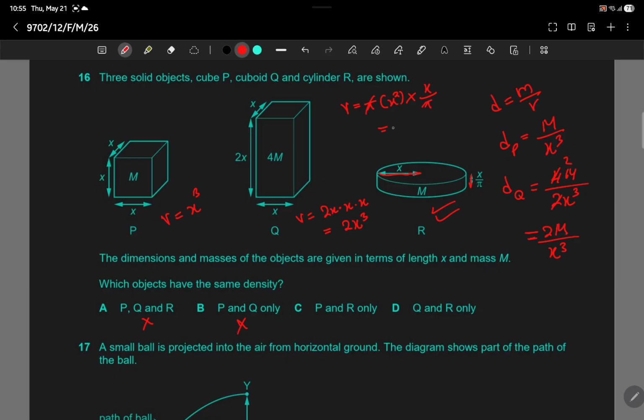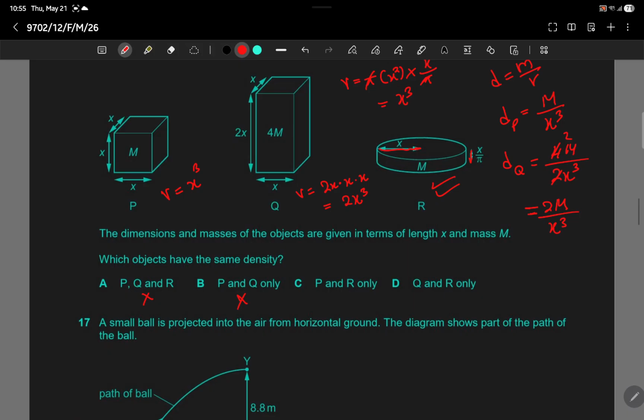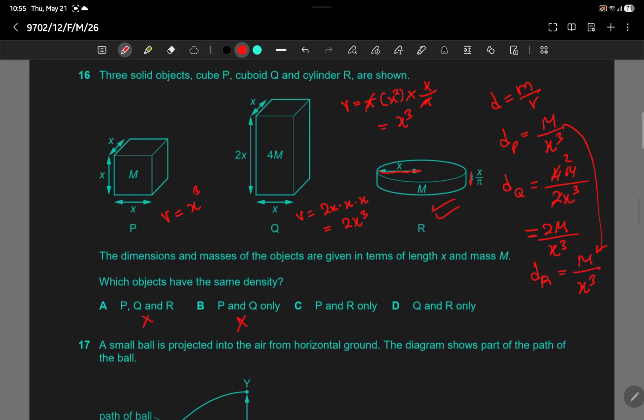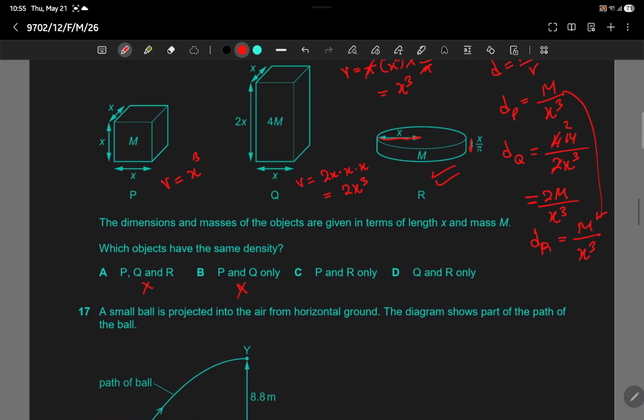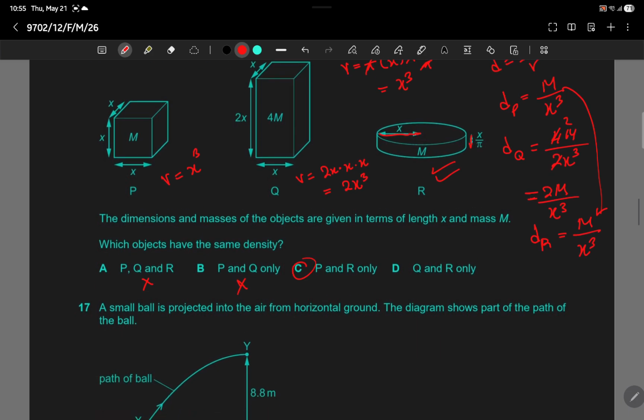So this and this cancel out, which leaves just x cubed. And mass is this. Hence, your density for R is mass over x cubed, which is the same as P, equal. Hence, P and R are similar. Hence, the answer is C.